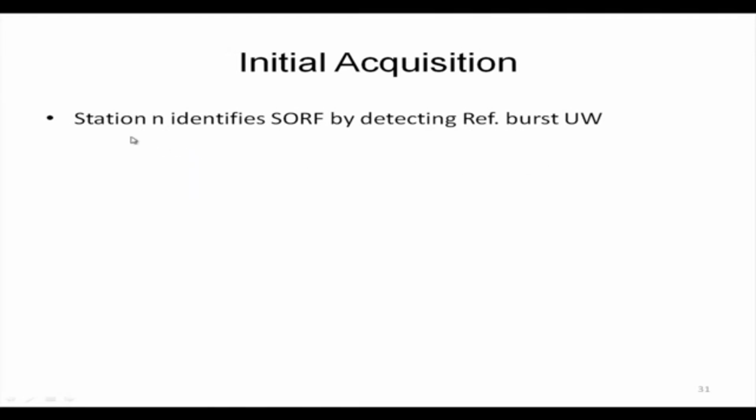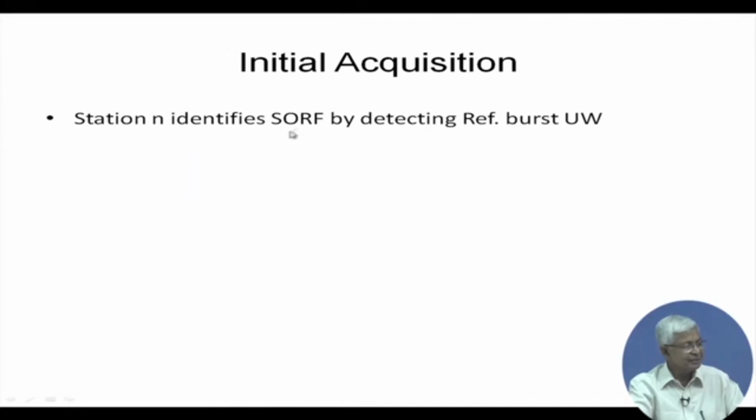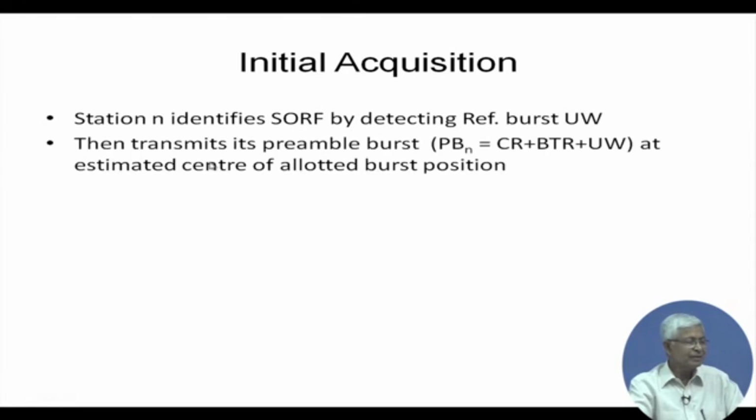In initial acquisition, station n identifies SORF by detecting the reference burst unique word. Then it transmits a few small bits, which is the preamble burst, PBn for the nth station. PBn consists of carrier and bit timing recovery (CRBTR) and the unique word, because the demodulator has to detect that particular burst. CRBTR is necessary, and the unique word is for frame synchronization.